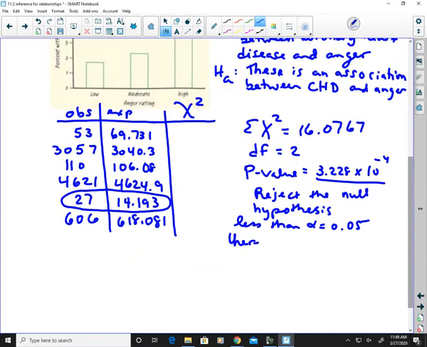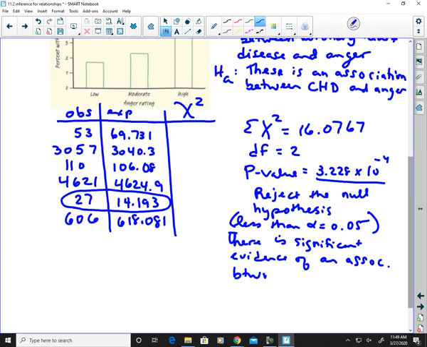There is significant evidence of an association between coronary heart disease and anger.